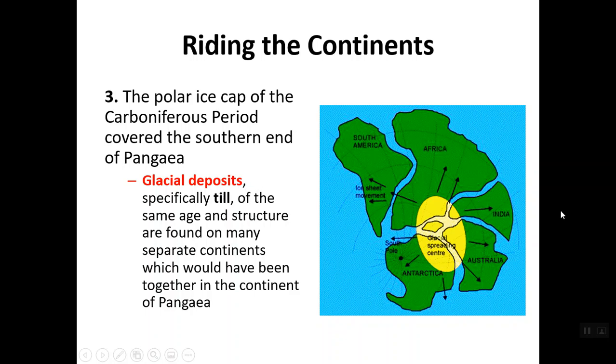If you look at the composition of this till over the area where all the continents were coming together, it's the same, though the continents are now separated. So they were in fact united at the time of formation of this till.